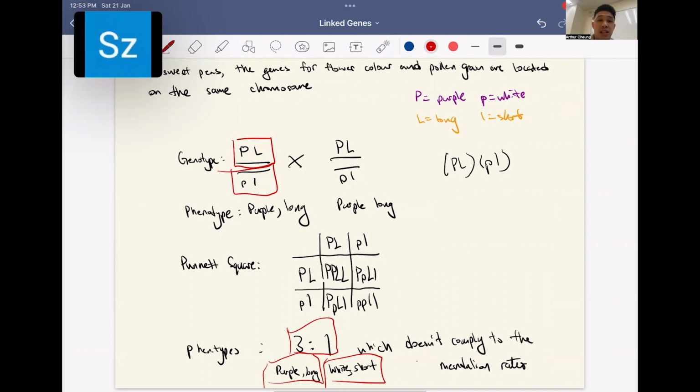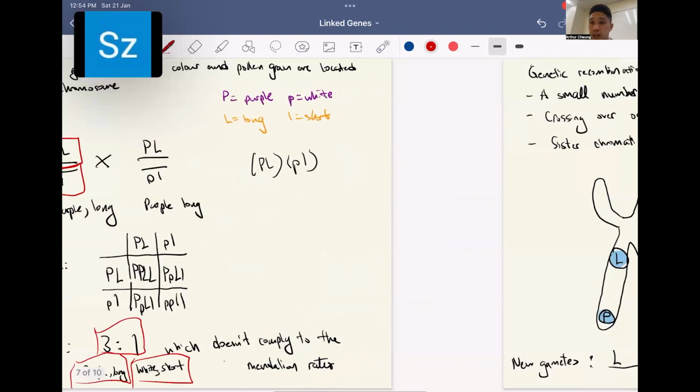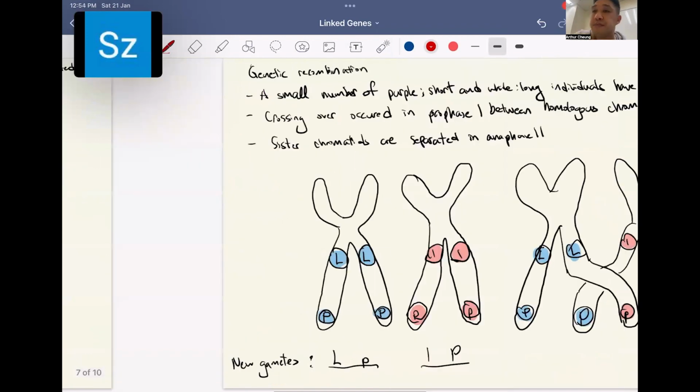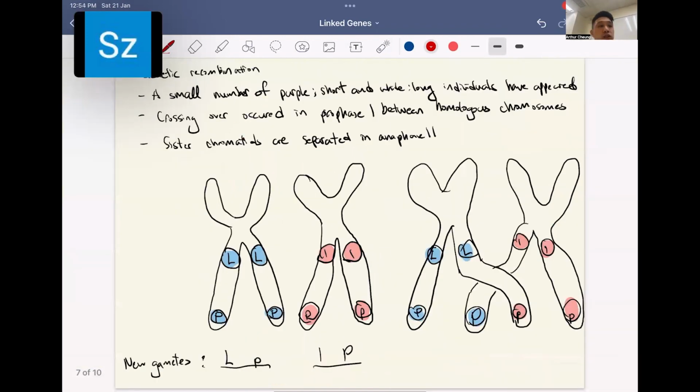But in reality, there are actually some small numbers of purple short and white long offspring produced. The reason why is because of genetic recombination. I'm not sure if you can remember, crossing over occurs in prophase 1 between homologous chromosomes.